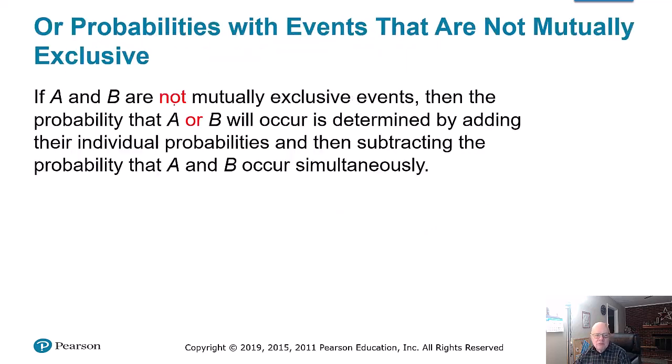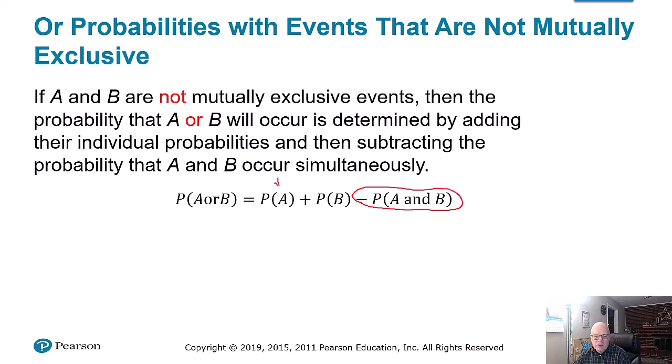If they're not mutually exclusive, things get a tiny bit more complicated. If they can happen at the same time, then we have to add an additional subtraction out here. Because when you add the probability of A and the probability of B, you're adding the probability of A and B happening at the same time twice. Once over here, once over here.